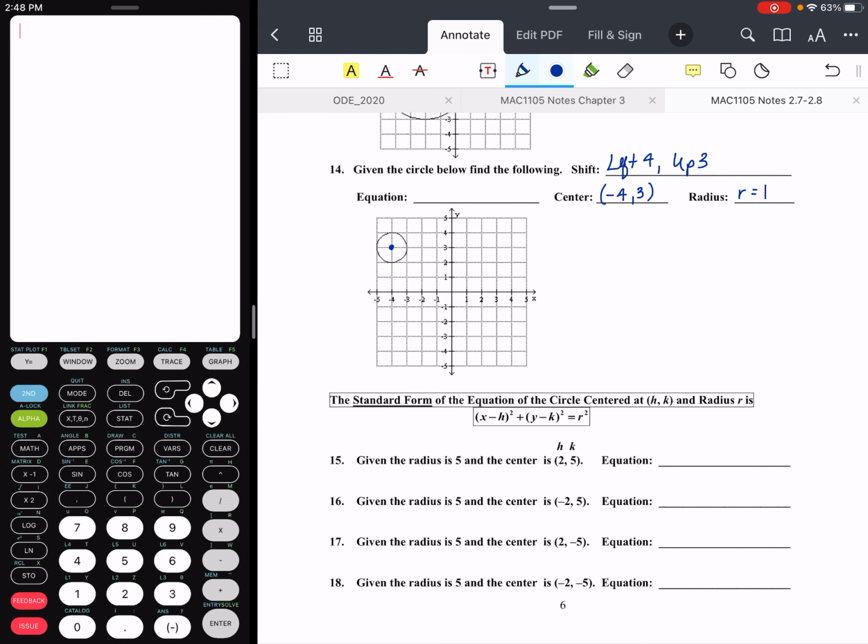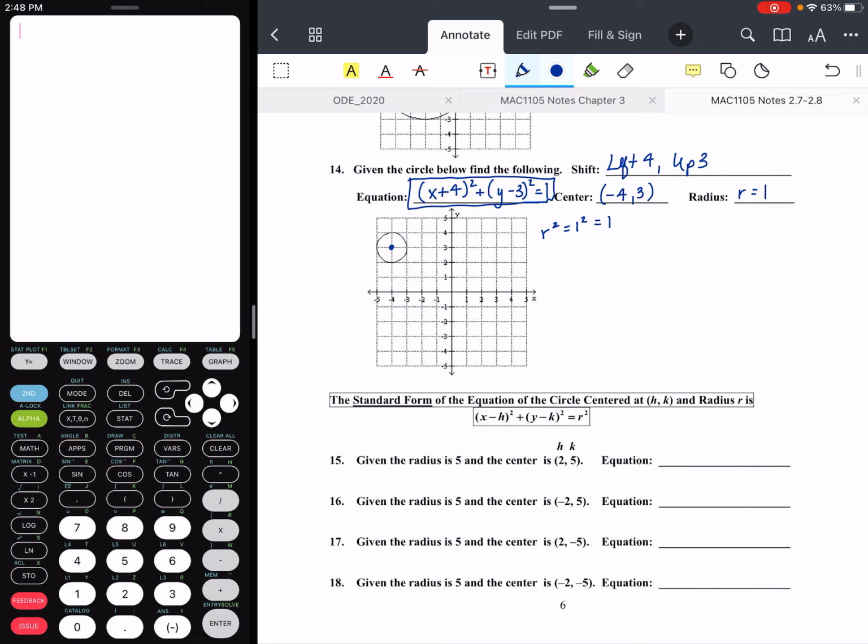And the equation, so −4 for x means I have (x + 4)² + (y − 3)² = r squared, which would be 1 squared, which is just 1. So that's my equation of my circle.